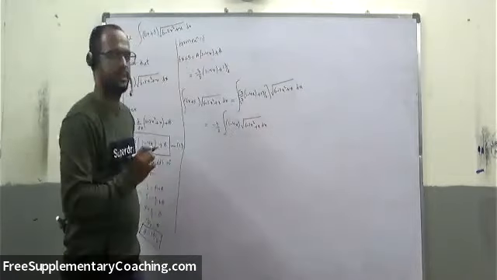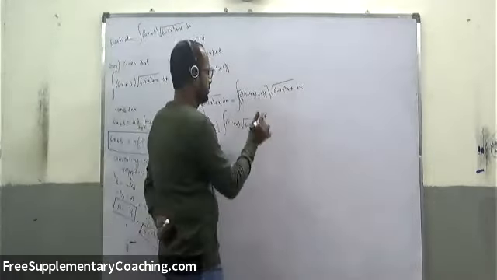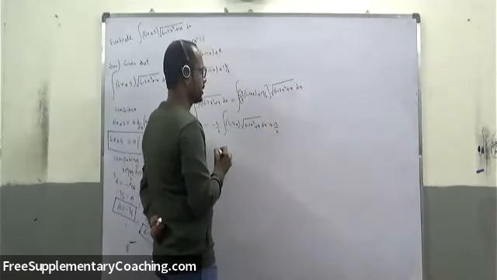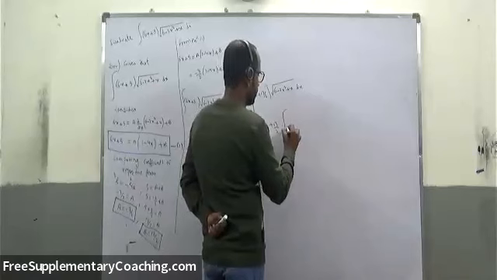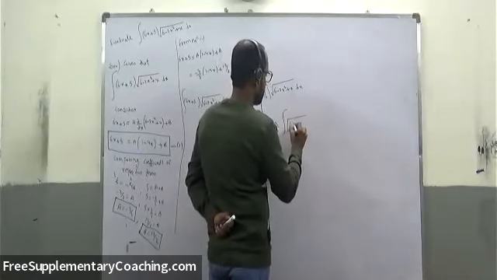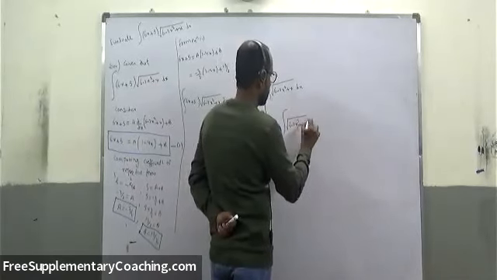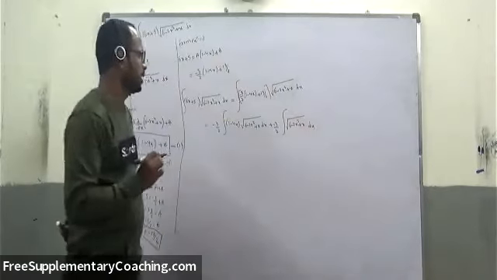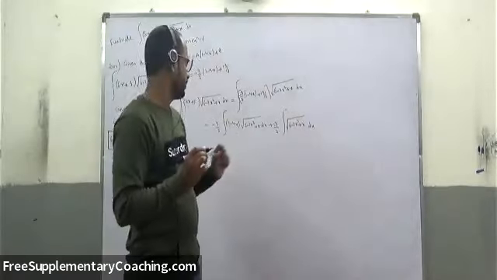This is the first term. Okay, now the next term is plus 13 by 2 integral root over 6 minus 2x square plus x into dx.